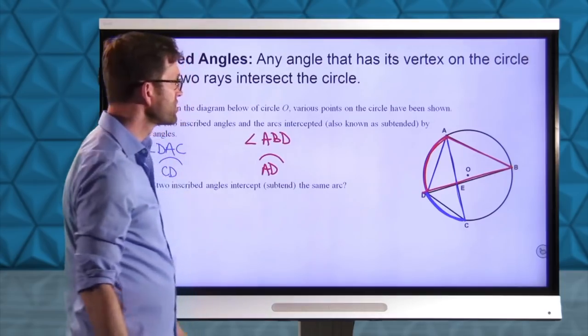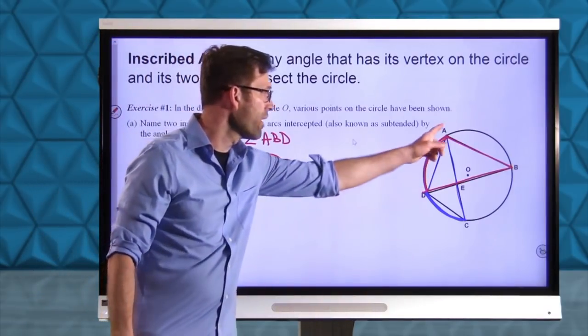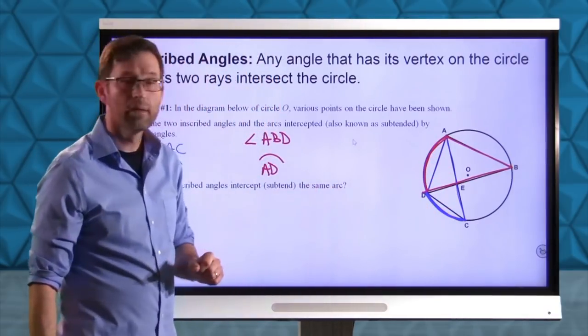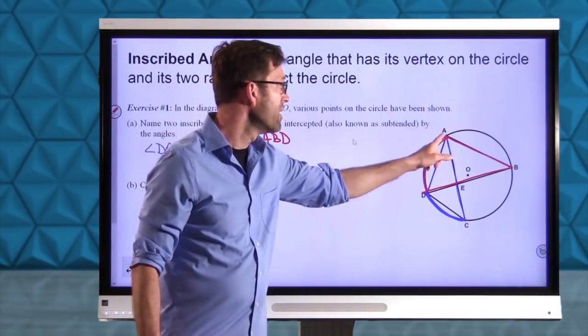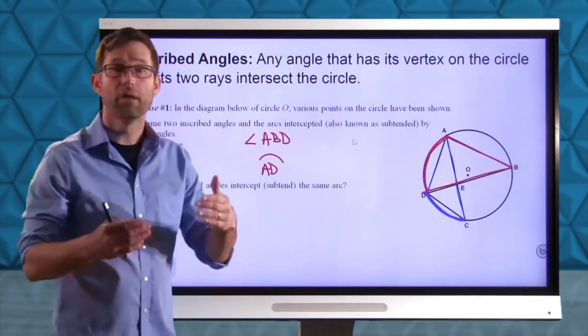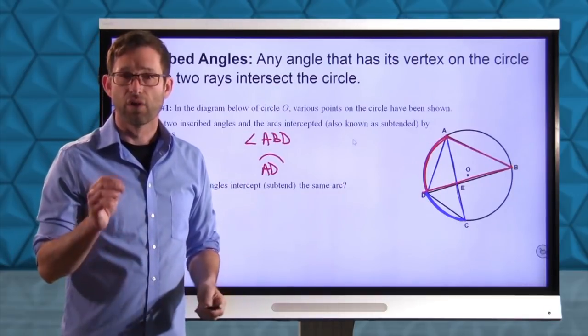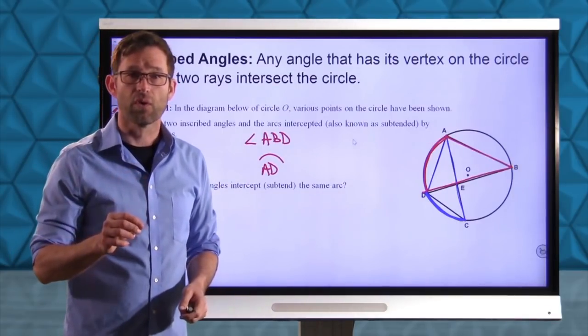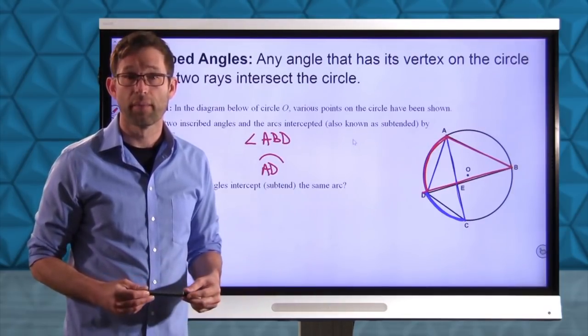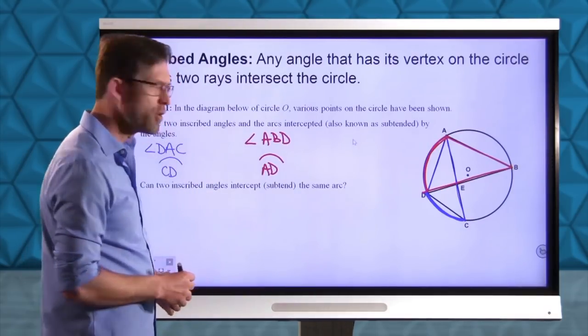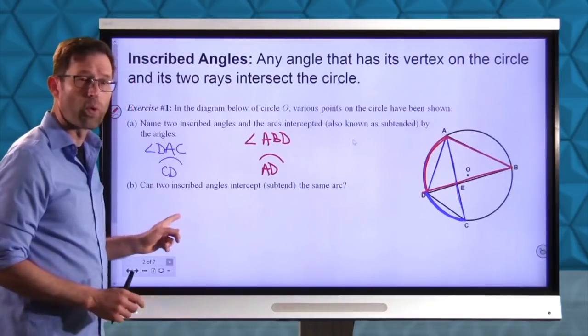Now, there's other inscribed angles, okay? There's angle ACD. That would be another inscribed angle. There's angle CAB. That would be another inscribed angle. As long as the vertex lies on the circle and the two rays of the angle intersect the circle, it is an inscribed angle.